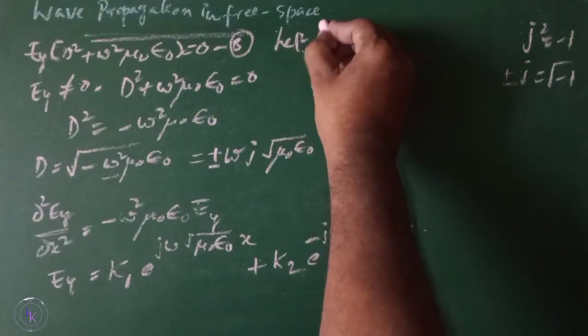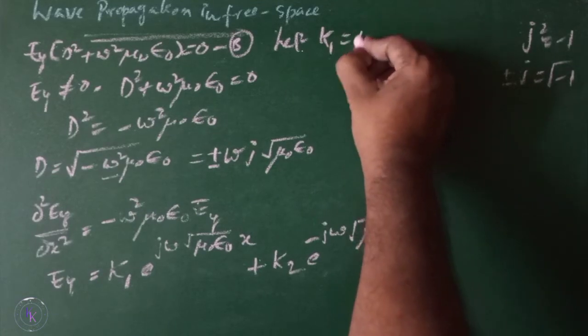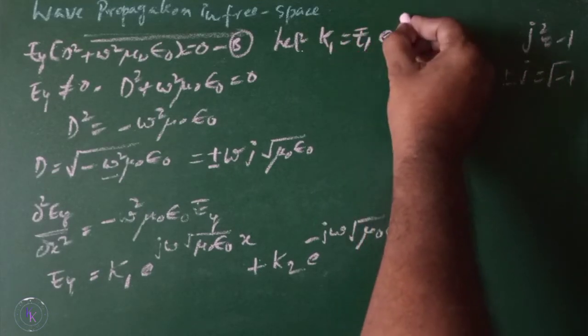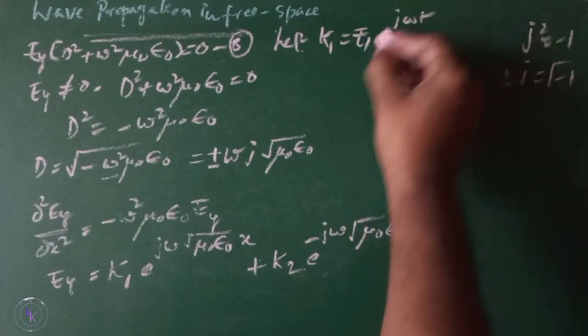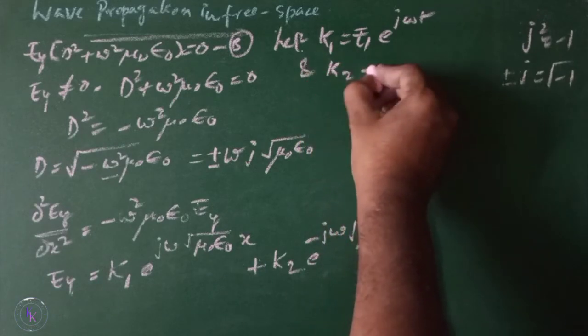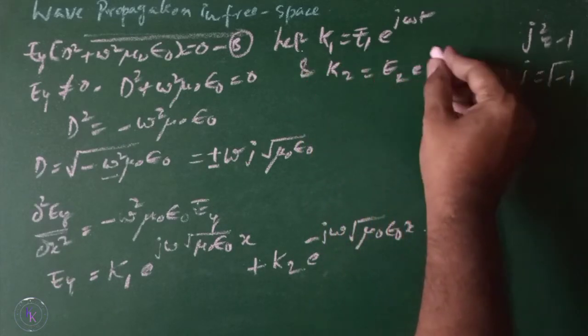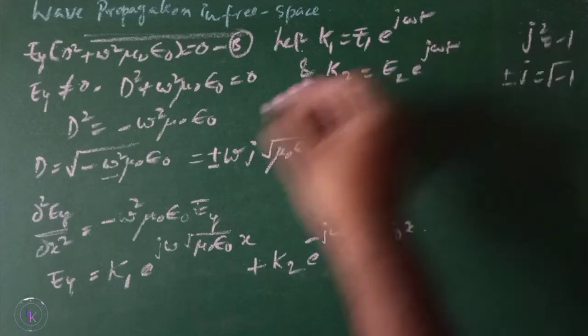Let k1 equals E1 e to the power of j omega t and k2 equals E2 e to the power of j omega t.